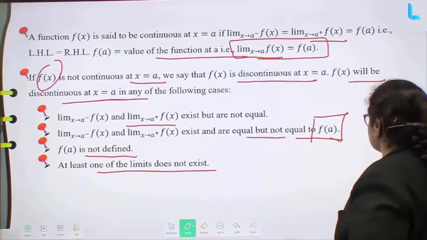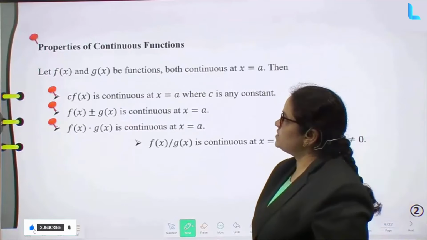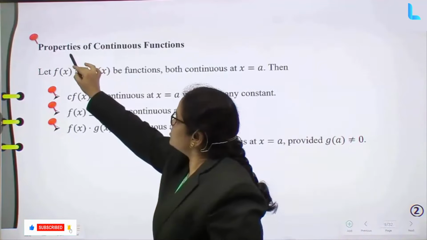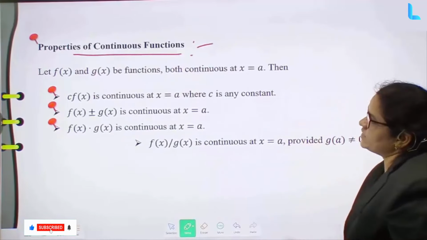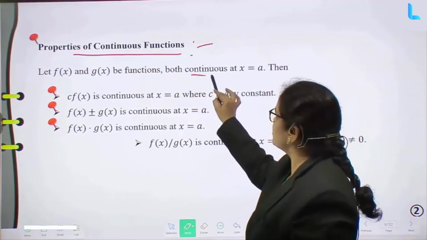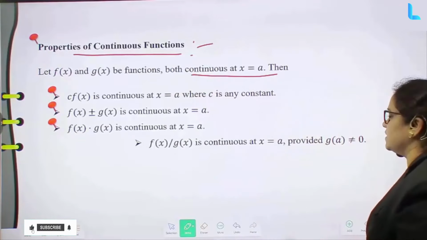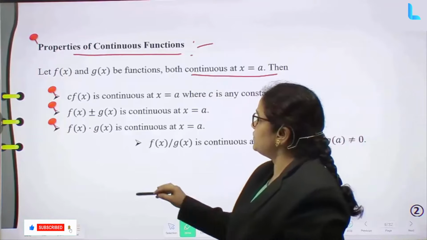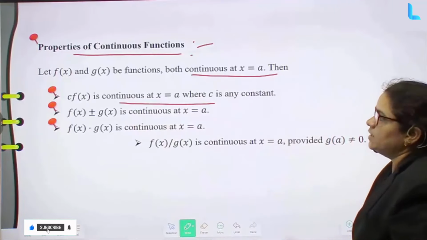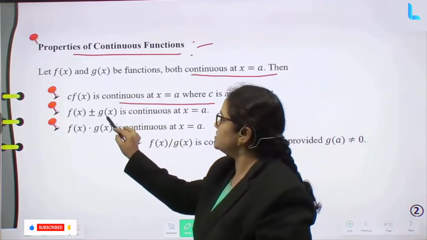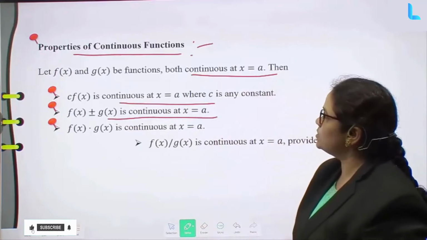Next topic is properties of continuous functions. Let f(x) and g(x) be functions both continuous at x equal to a, then c times f(x) is continuous at x equal to a where c is any constant. f(x) plus or minus g(x) is continuous at x equal to a.